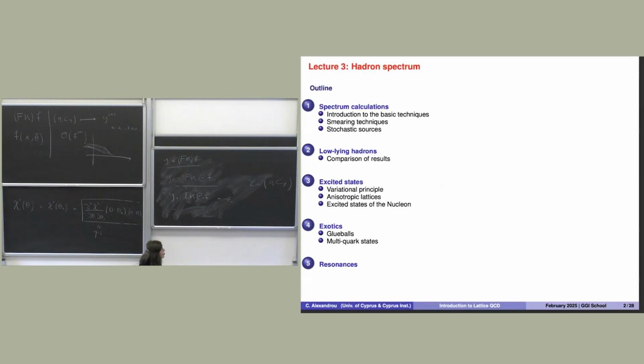I will introduce the basic techniques, and then I would like to show you some of the results that we're getting. In particular, since we have experimentalists and phenomenologists, I would like to touch a little on the exciting things that are happening at LHCb and BESIII.